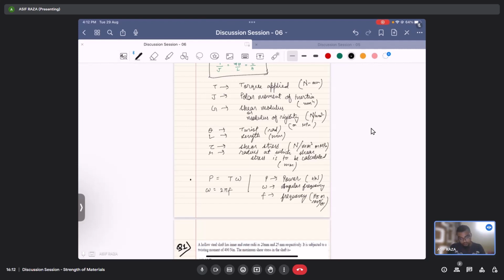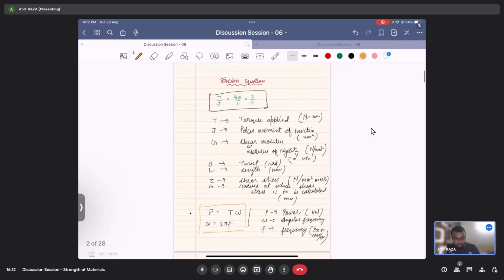So it's best to remember this. The most important one is the torsion equation.